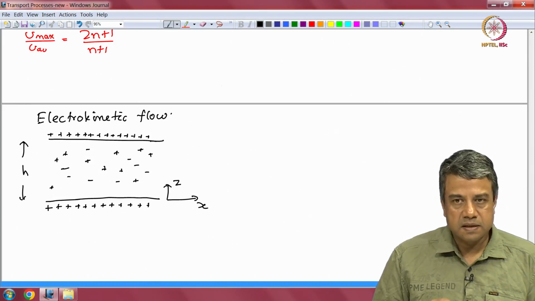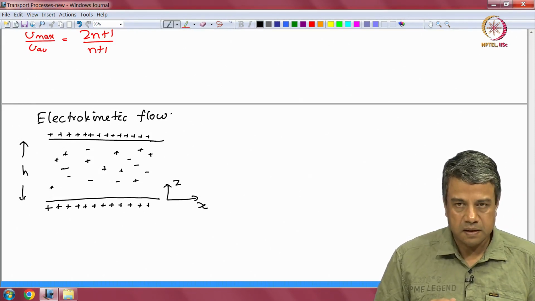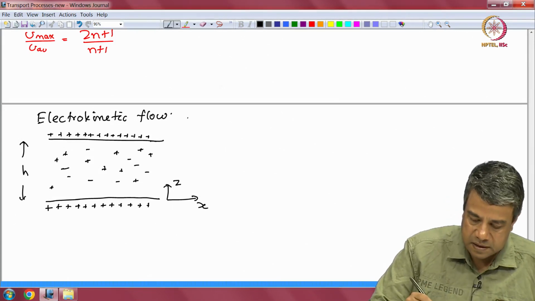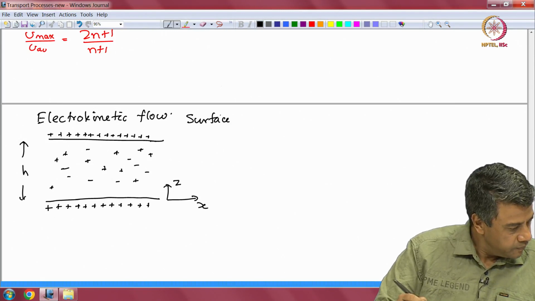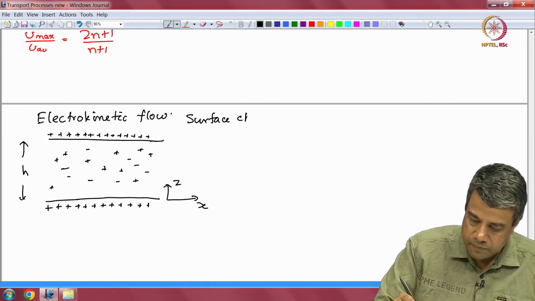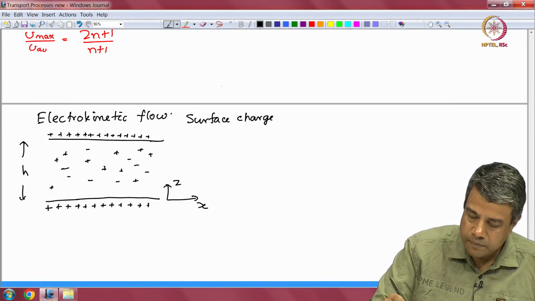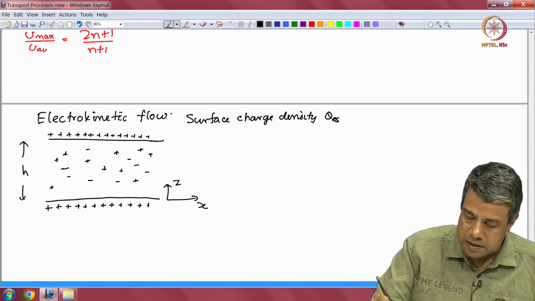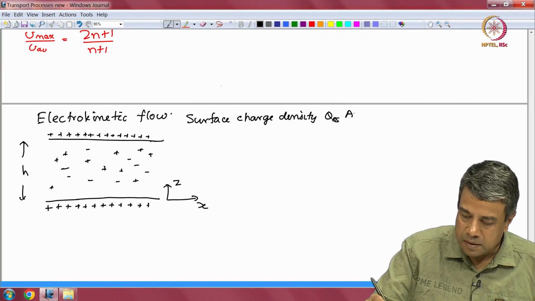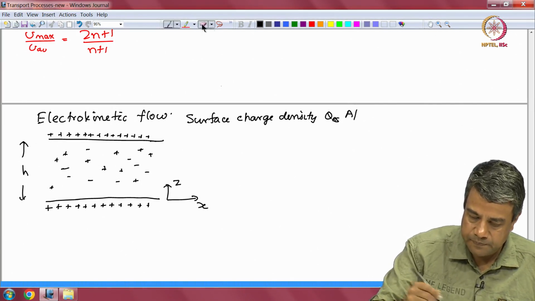So, in this case, since the surfaces are charged, let us call the surface charge density QES. It is charge per unit area.